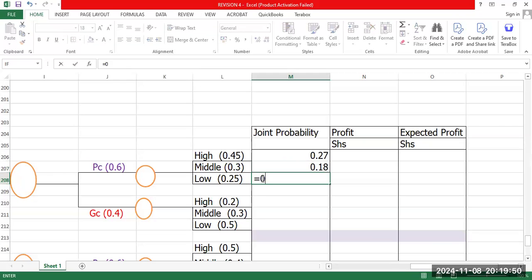Then here it will be 0.6 times 0.25. Same applies here, but now it will be 0.4 times 0.5.